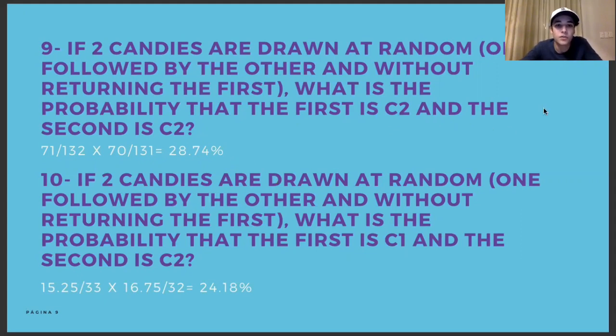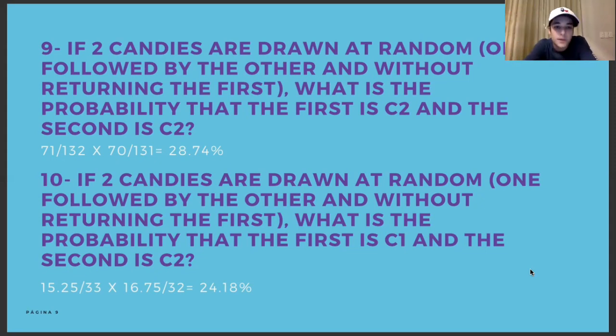And if two candies are drawn at random, one followed by the other, and without returning the first, what is the probability that the first is C1 and second is C2? Now what we have is one of each, and the past was C1 and C1, C2 and C2, so now it's mixed.